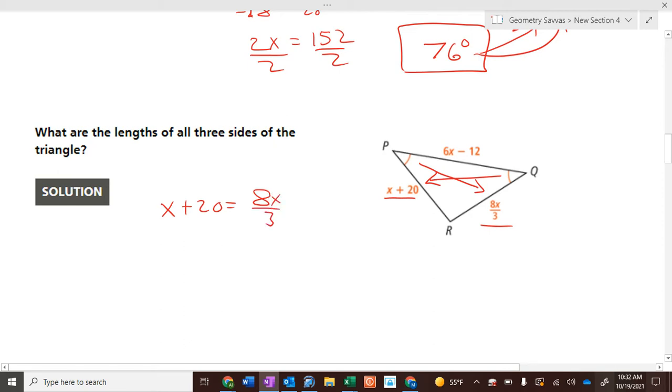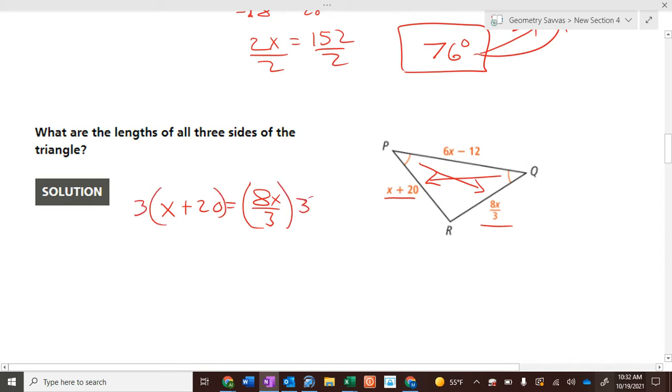So x plus 20 equals 8x over 3. Now, how many of you in here like fractions? That's what I thought. None of you. So we want to get rid of fractions whenever possible. So how can we get rid of this fraction? Multiply both sides by 3. So multiply by the denominator.